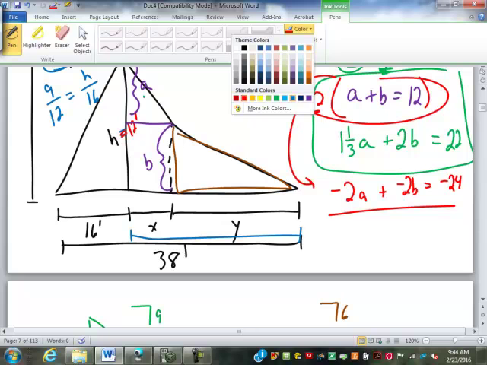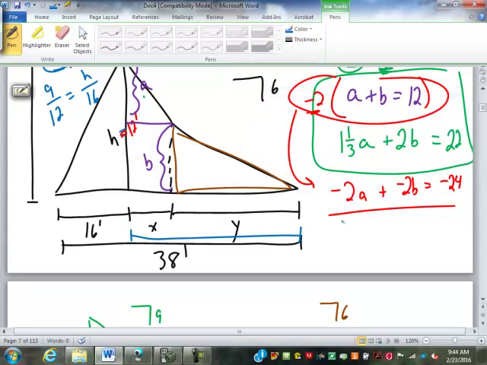So now we have 1 1/3 plus -2 is -2/3 a. 2b and -2b disappear. 22 and -24 make -2. And we will proceed to divide by -2/3. That gives us a equals 3.